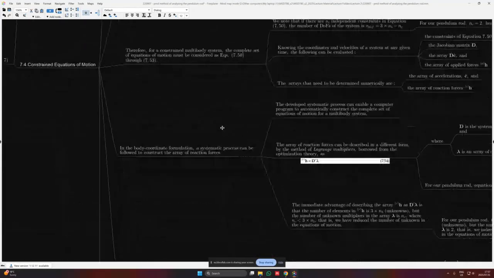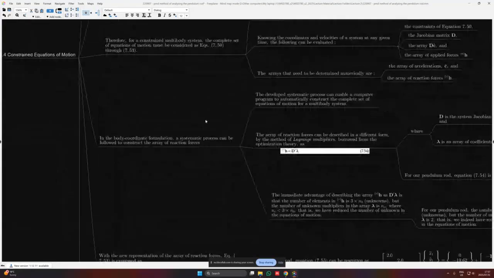In the body coordinate formulation, a systematic process can be followed to construct the array of reaction forces. The developed systematic process can enable a computer program to automatically construct the complete set of equations of motion for a multibody system.